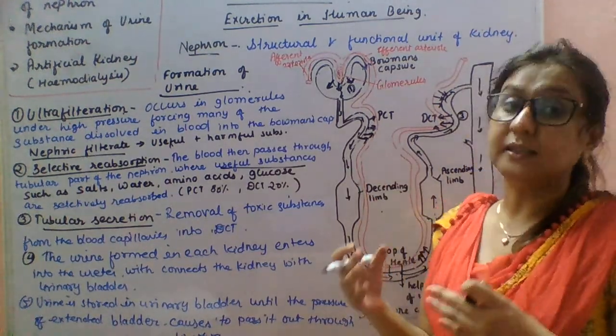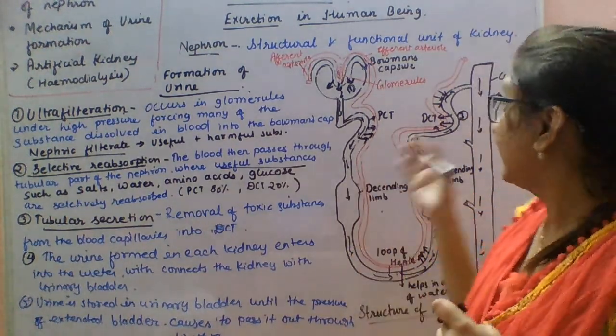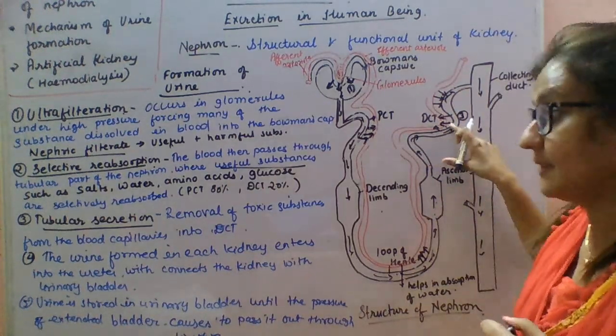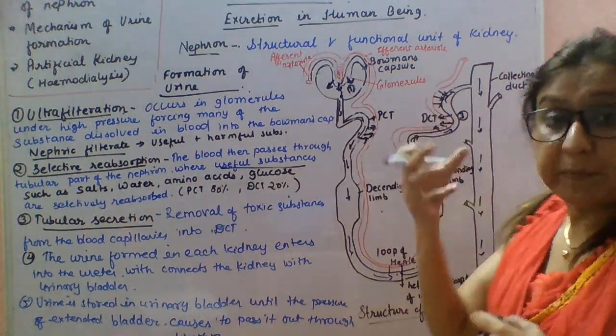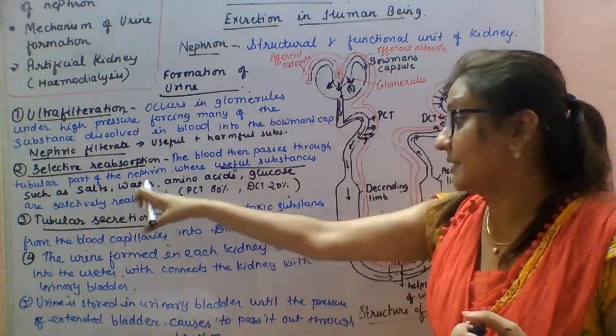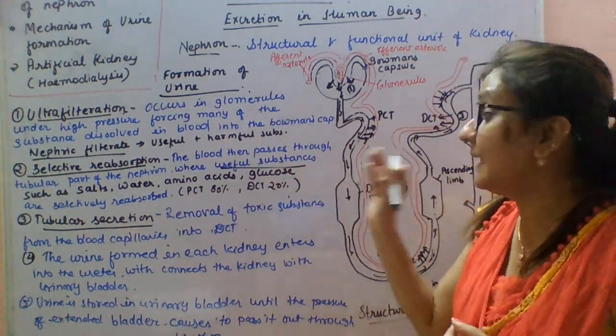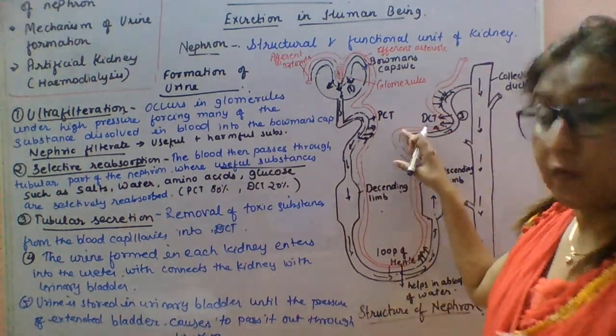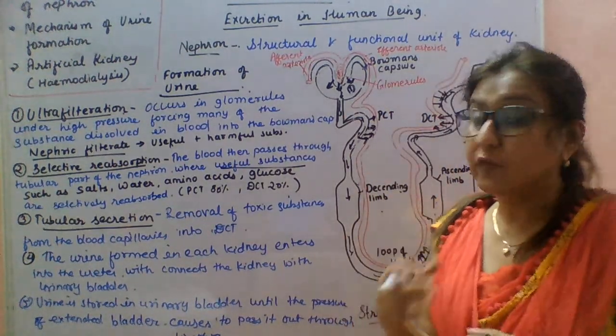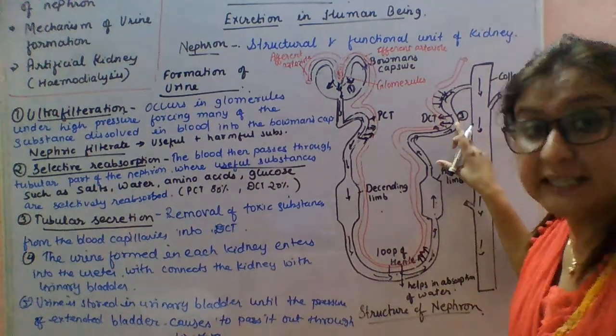The last 20% of substances get reabsorbed in the DCT. So in the PCT, only 80% of the SWAG, these useful substances, get absorbed. The remaining 20% will get absorbed in the DCT.